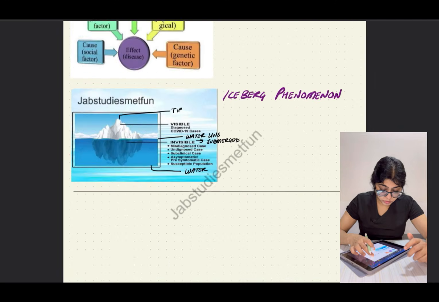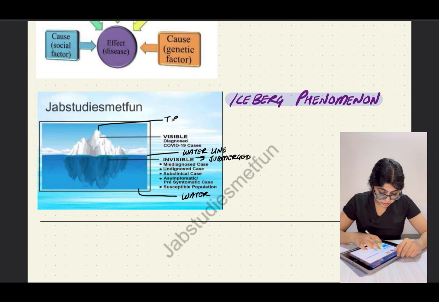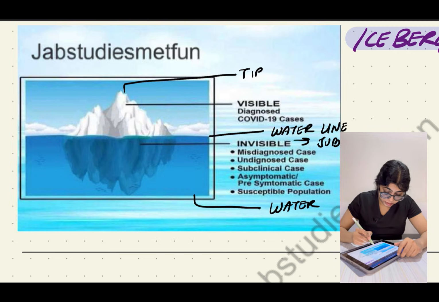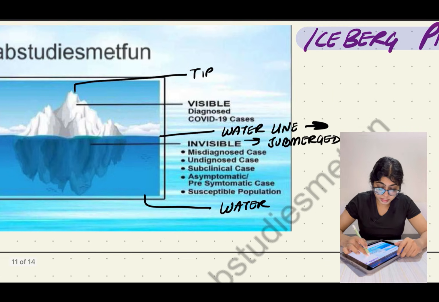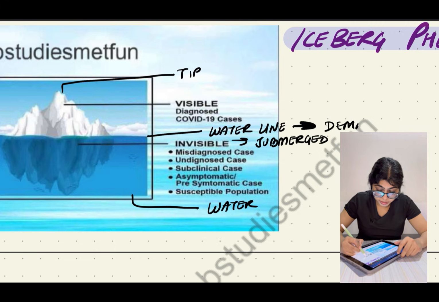The last thing we have over here is the iceberg phenomenon. In the iceberg phenomenon, you can see that the iceberg, or the part that is ice, are the affected cases, and the water line is the demarcation between detected and undetected cases.